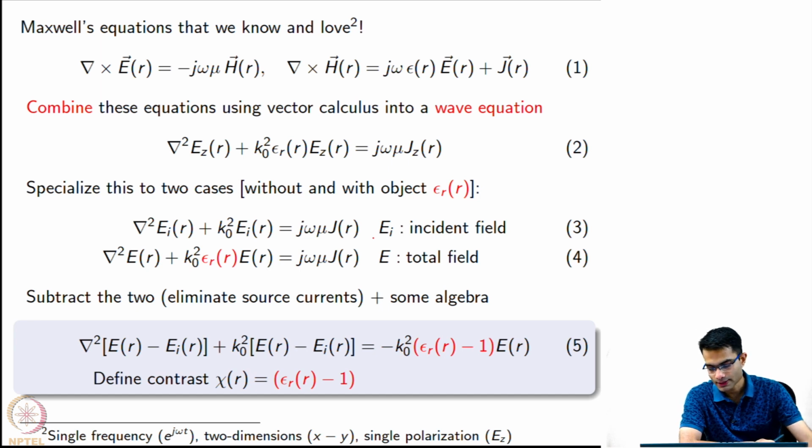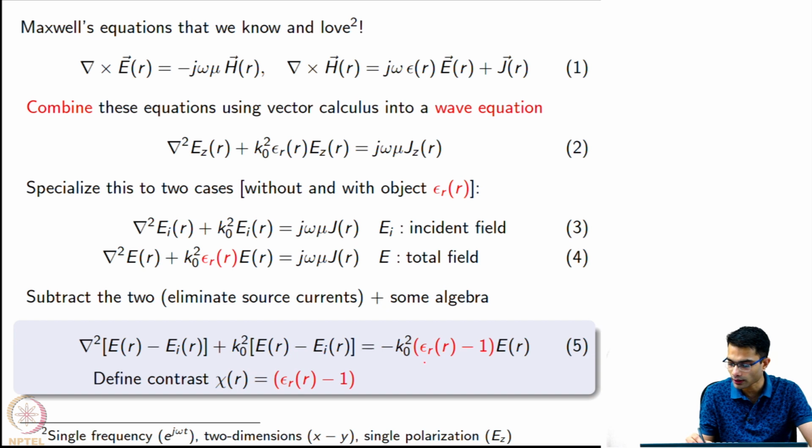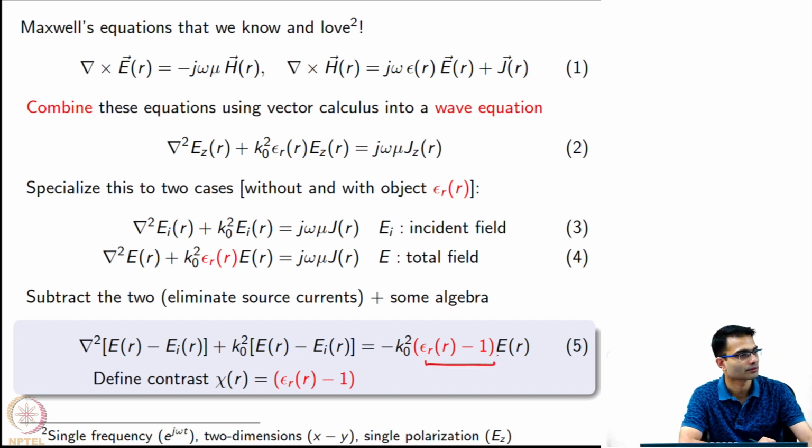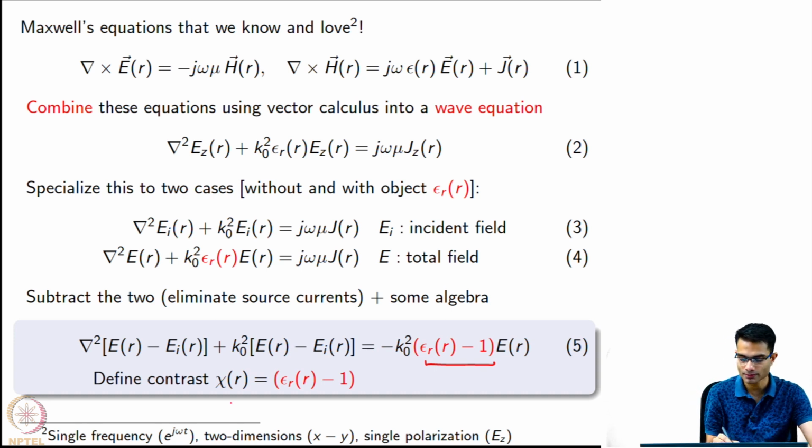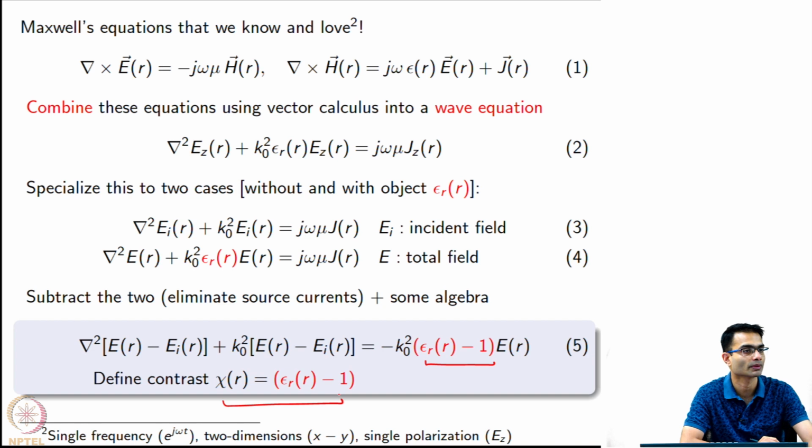Okay. You will notice now in everything that follows, this epsilon r minus 1 will appear in every equation because it always comes as one term together. So it becomes a little cumbersome to write epsilon r minus 1, epsilon r minus 1 every time. So what I do is I define a new variable, I call it contrast, and that contrast is simply this epsilon r minus 1.